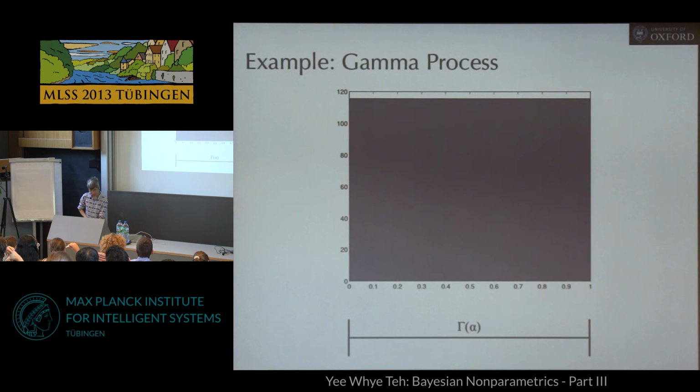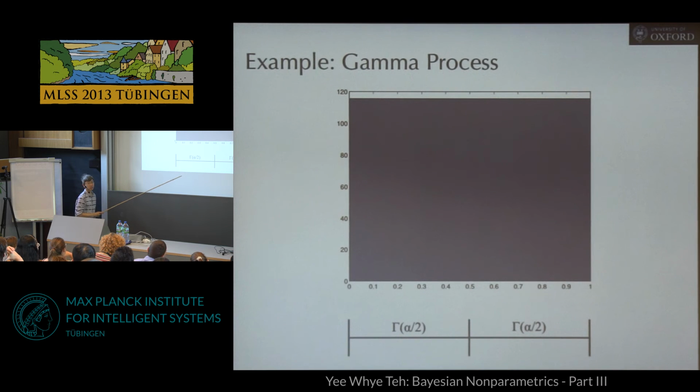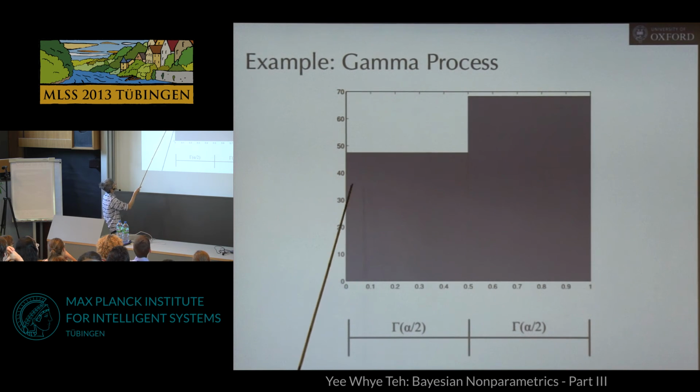The next thing we'd like to do is, given that the total mass is that amount, decide what is the mass over this subset of the space and over that subset. If we make that second decision, the original gamma is going to be the sum of two gammas, this gamma and that gamma, both with shape parameter half of the original.